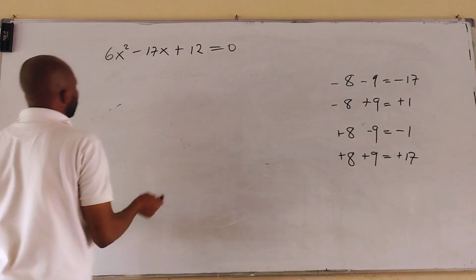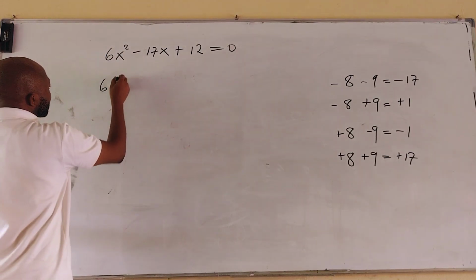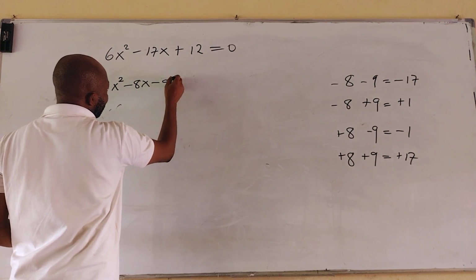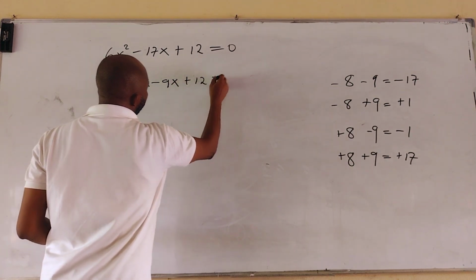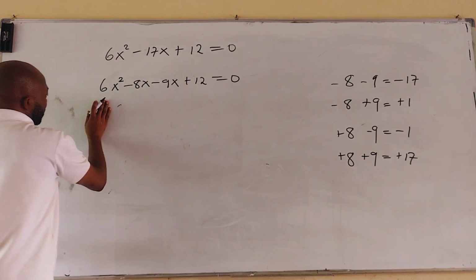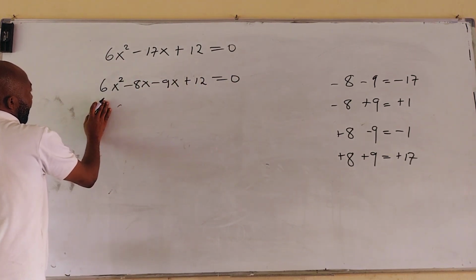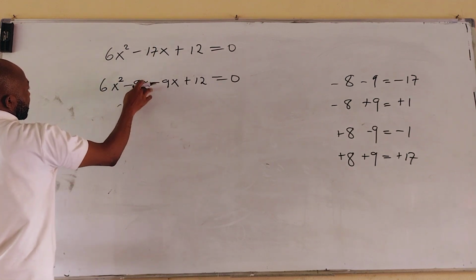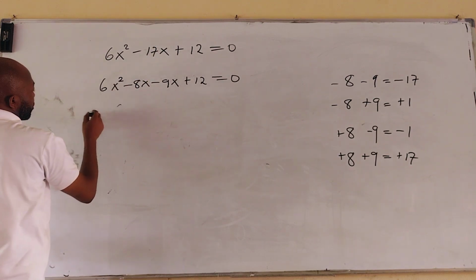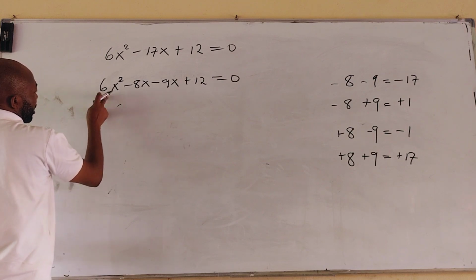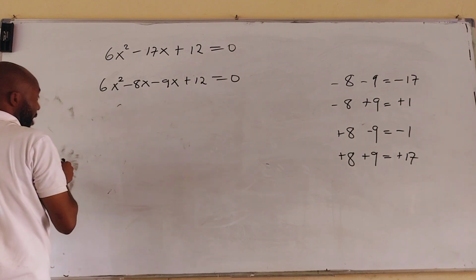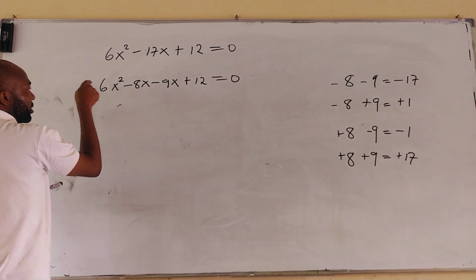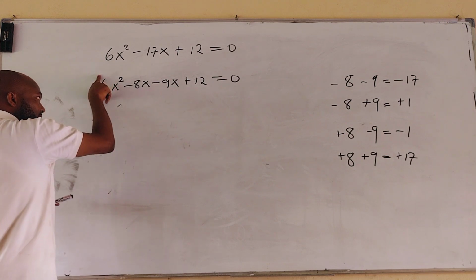So now I can easily say 6x squared minus 8x minus 9x plus 12 is equal to 0. Let's factorize this. I know that the second term has 1x, so I must have 1 outside. I cannot put 3 outside because 3 cannot multiply with anything to give me 8. So it must be 2. In this 6, 2 and 3 give me 6.